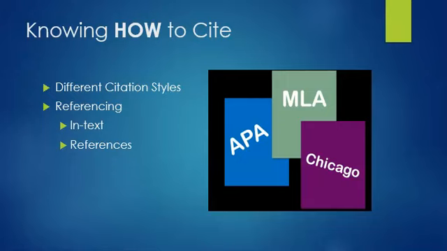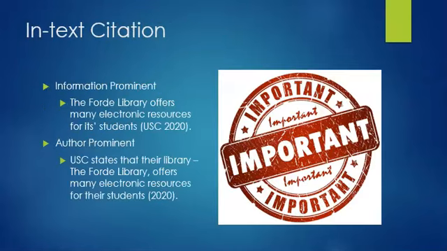Also, in knowing how to cite, we have to take note of referencing in terms of in-text and references. As it relates to in-text citation, we have two main types: information prominent and author prominent. As it relates to information prominent, this is where the researcher wants to highlight or shine a spotlight on a particular theme, idea, or topic.